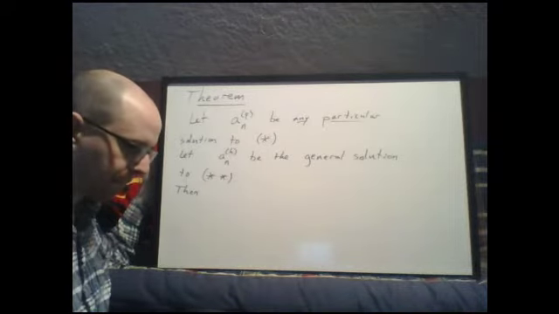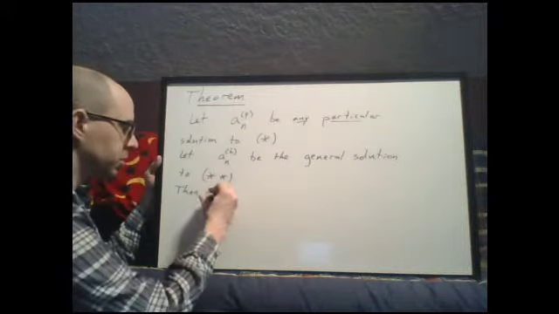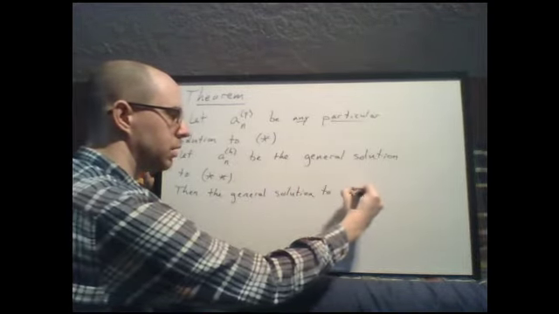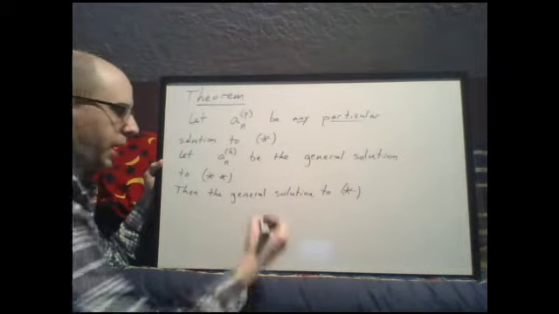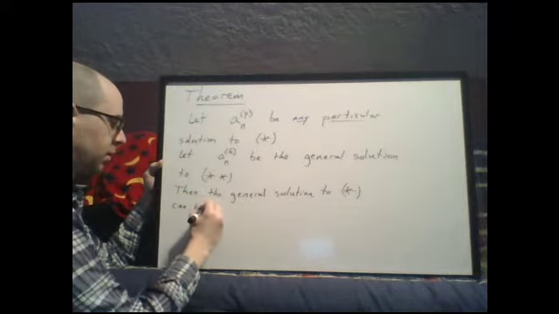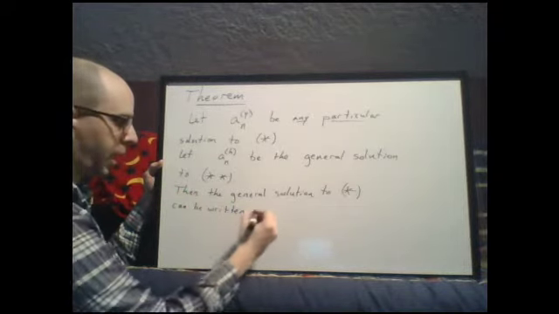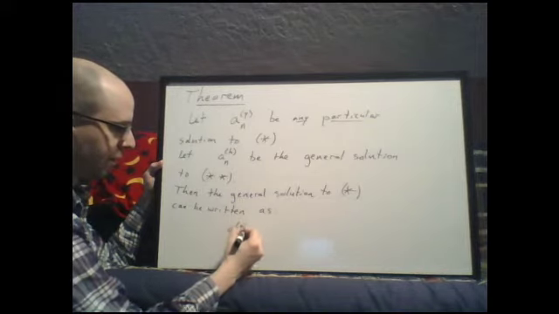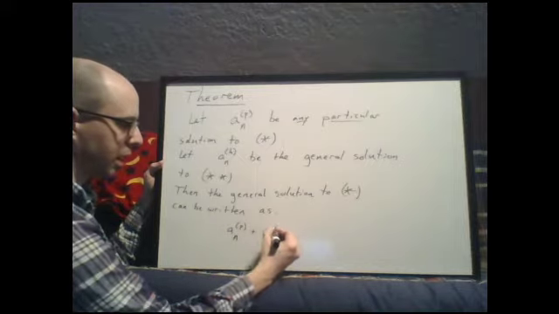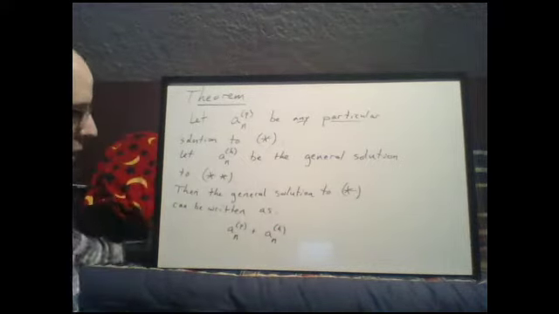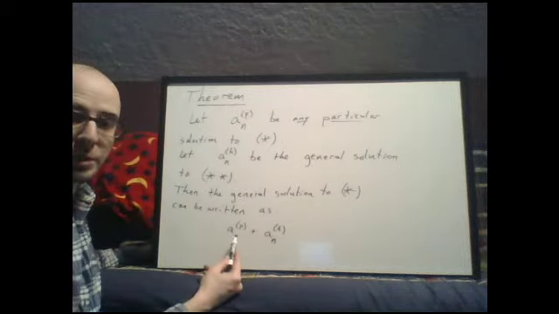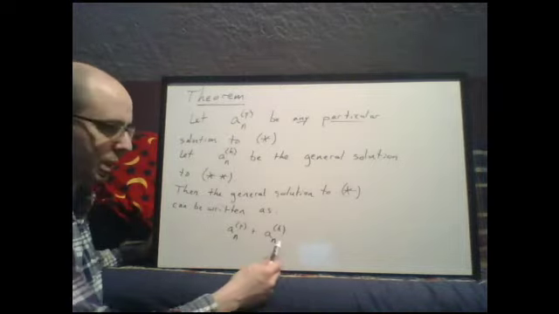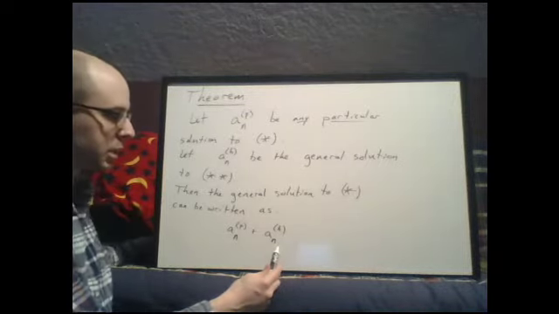Then the general solution to the non-homogeneous recurrence, that star, has the form, or can be written, as the particular solution a n P plus a n H. Okay, so a n P is one specific sequence. a n H is a general sequence that has the arbitrary alpha coefficients that we don't solve for until we worry about initial conditions.